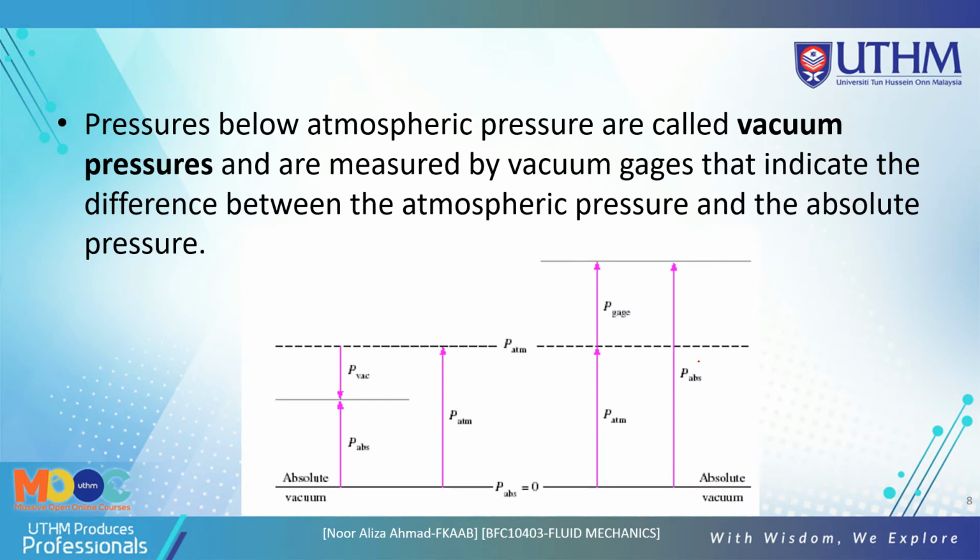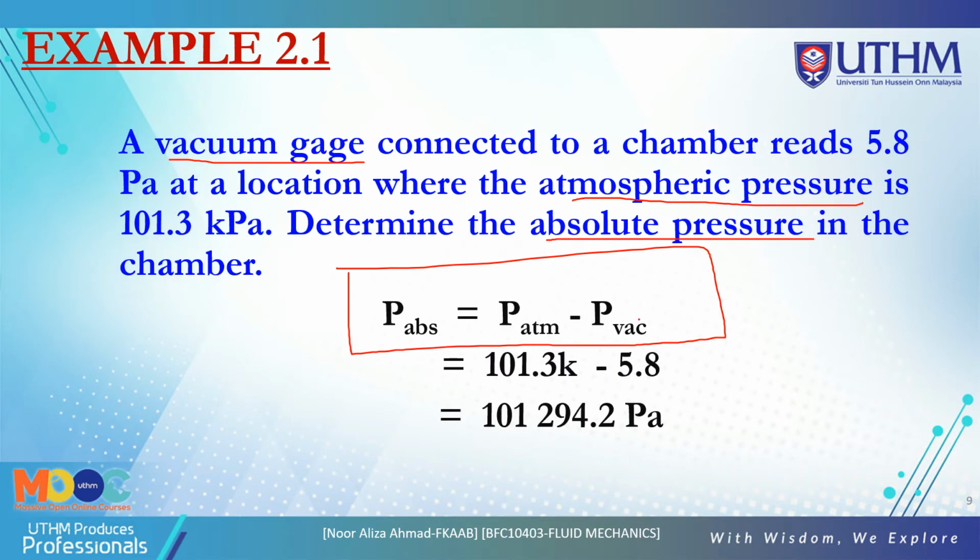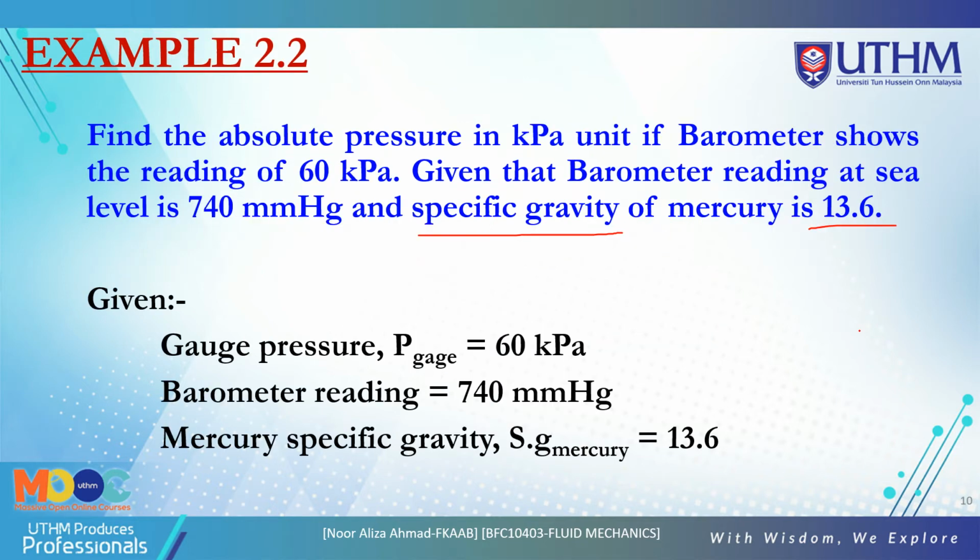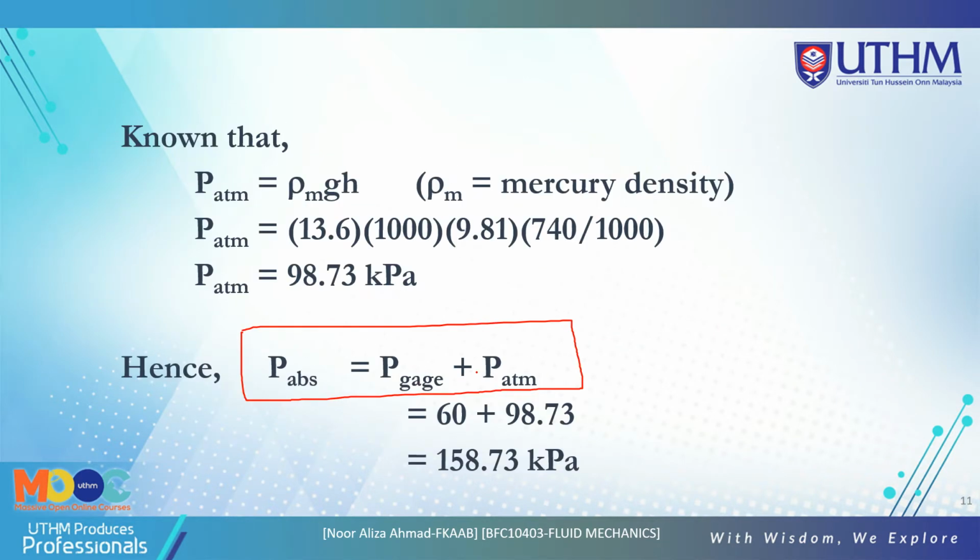In the previous concept, they gave you the P absolute and the P vac, so you use the equation for that figure. For the other figure, use this equation: P gauge plus P atmosphere.